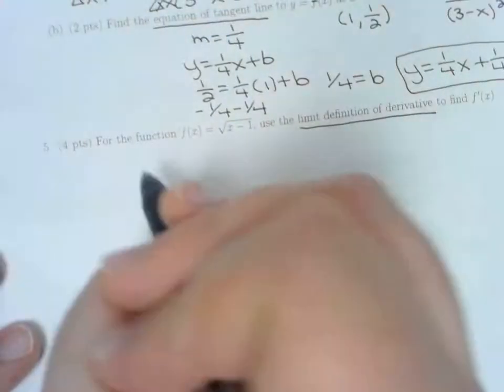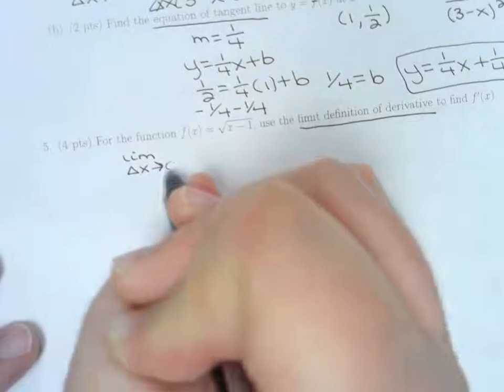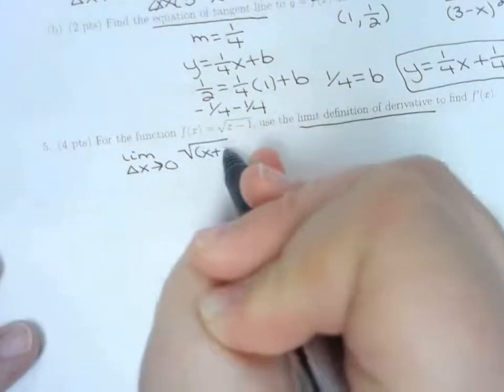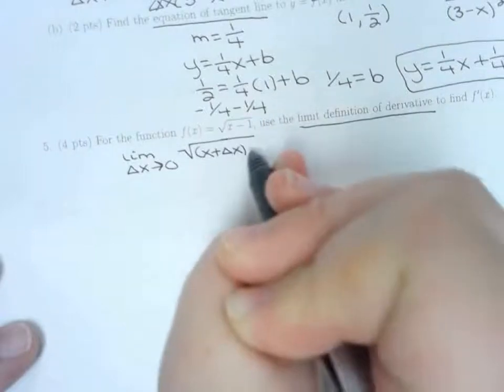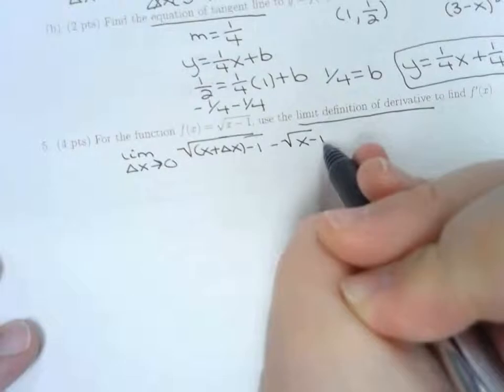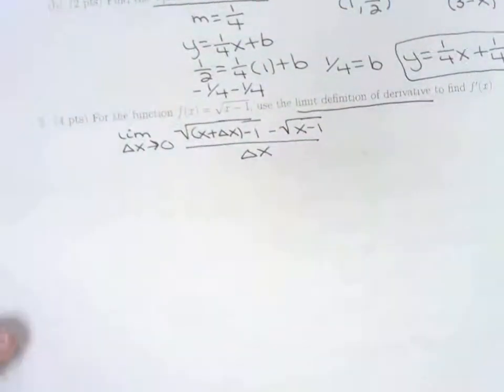So limit definition: limit as delta x goes to 0 of the square root of x plus delta x minus 1, minus square root of x minus 1, all over delta x. I took x plus delta x and plugged it in where x was for the first half, minus the function, all over delta x.